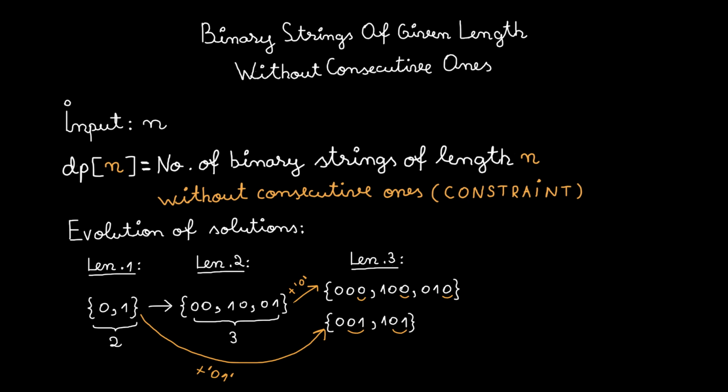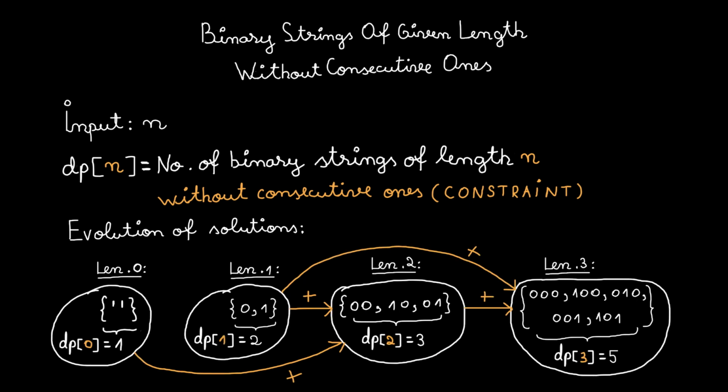Then pick each string from the length 1 set and push the characters 0, 1 to its end. As expected, the first set is going to have a size equal to dp of 2, and the second set is going to have a size equal to dp of 1. So it looks like we also have a relation between dp of 3 and the previous two. dp of 3 equals dp of 1 plus dp of 2.